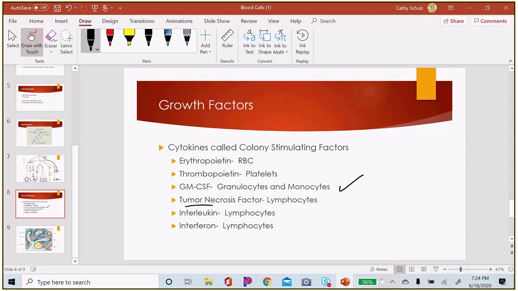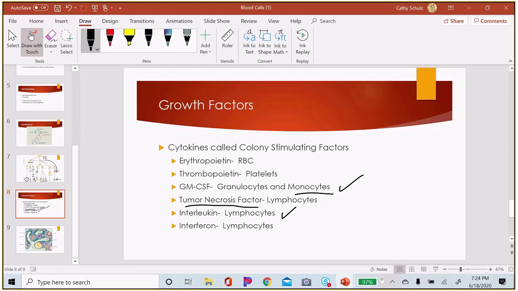And tumor necrosis factor is released from mast cells that can help start bringing those cells in, especially natural killer cells.